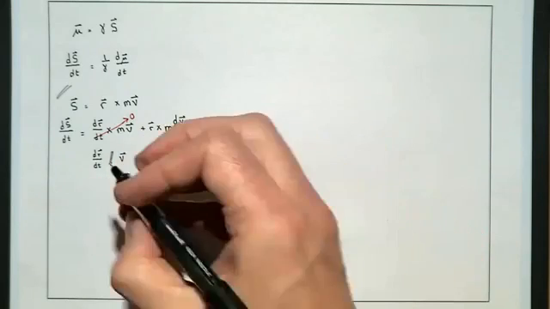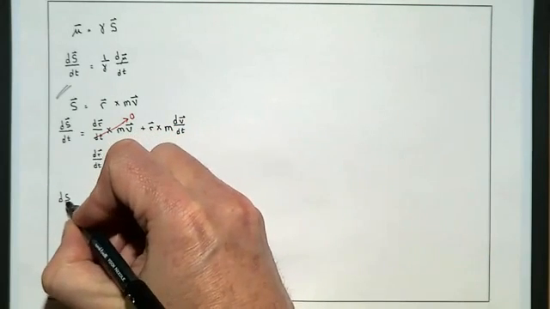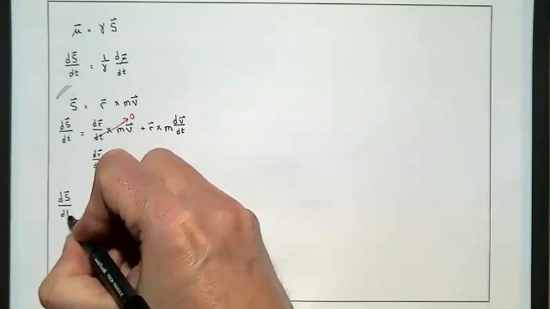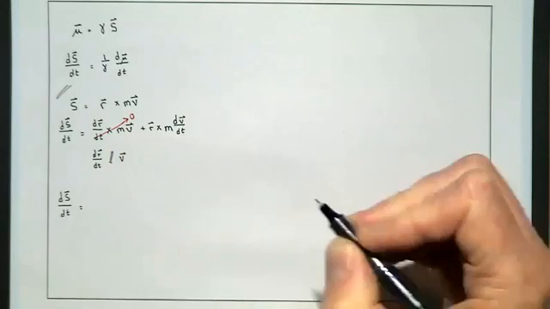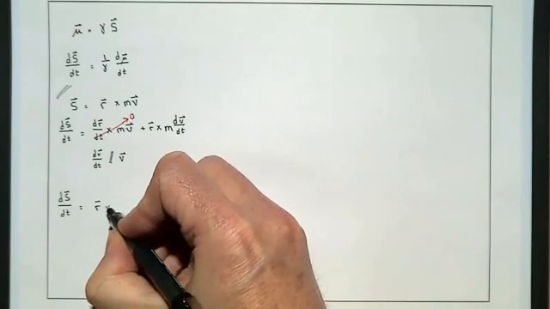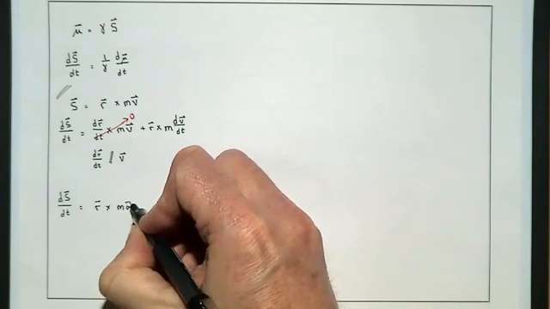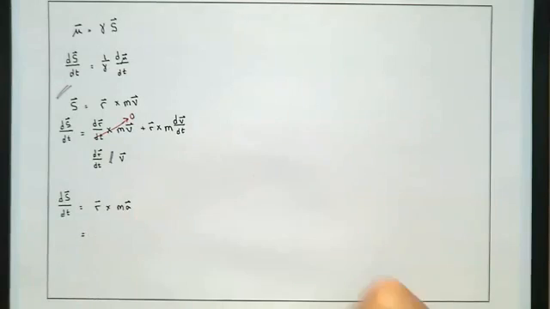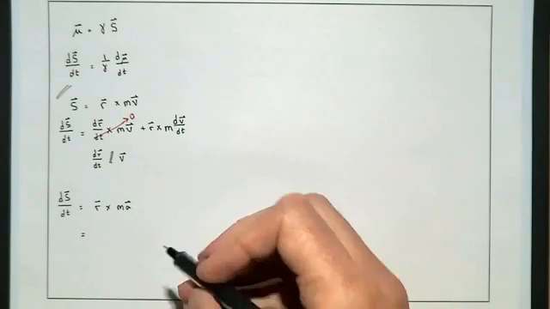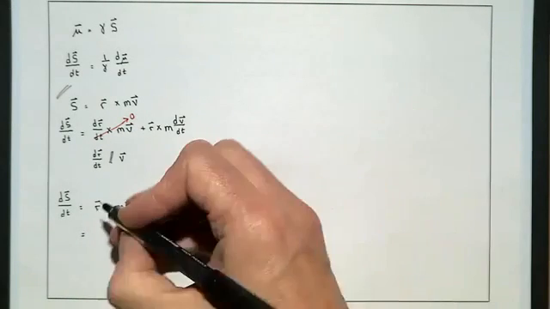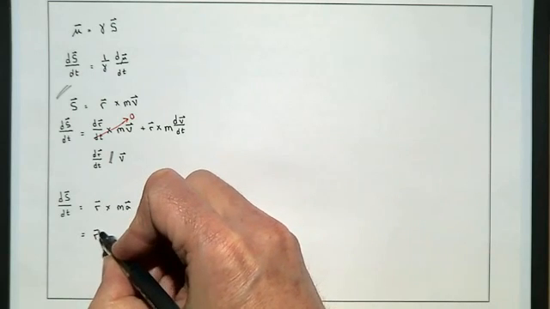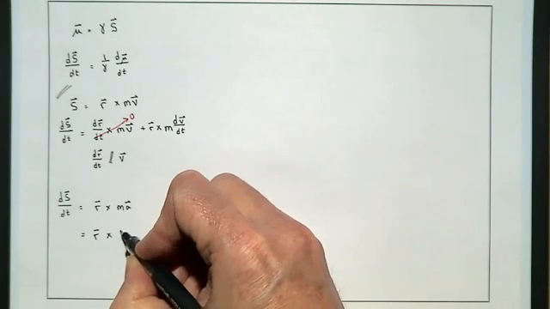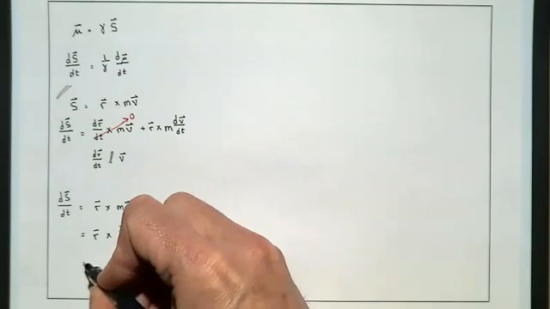And so we can just write that dS/dt is equal to r cross ma. Nothing too terribly exciting here. You may know where this is headed already. We know that mass times acceleration is just a force, so we just have the radius vector cross product with the force vector. And what is that called?